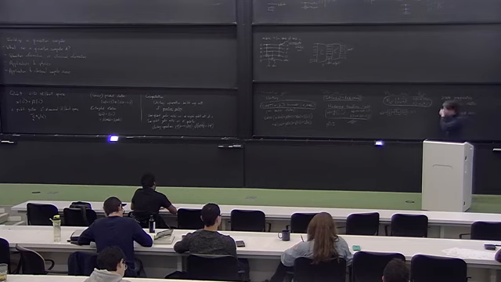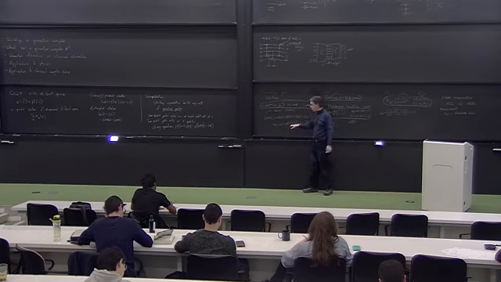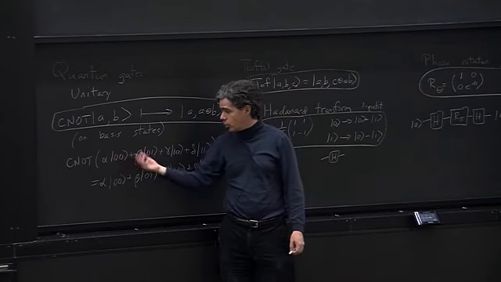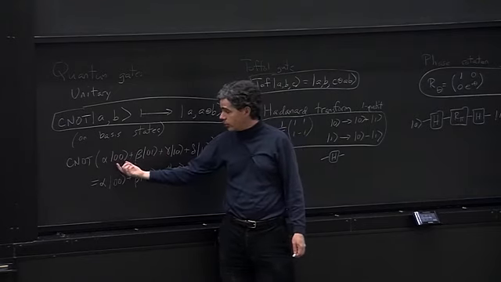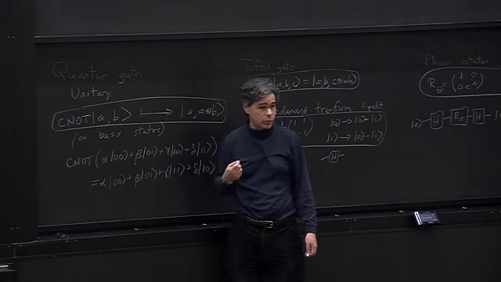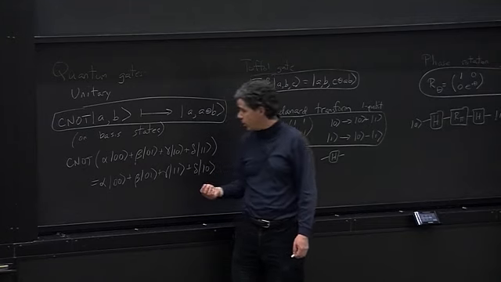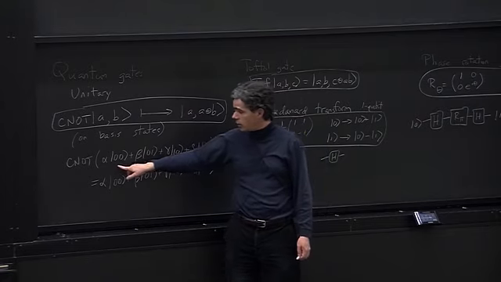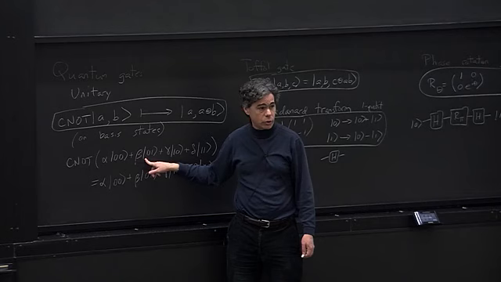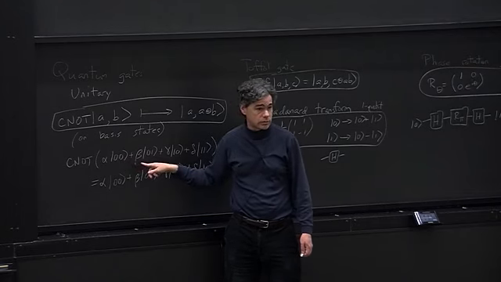If we have some arbitrary superposition, alpha 00 times |00> plus beta 01 times |01>, et cetera, we should be able to measure either a single qubit or both qubits. If we measure both qubits, we get output 00 with probability alpha 00 squared. If we measure just the first qubit, we get the output 0 with probability alpha 00 squared plus alpha 01 squared.